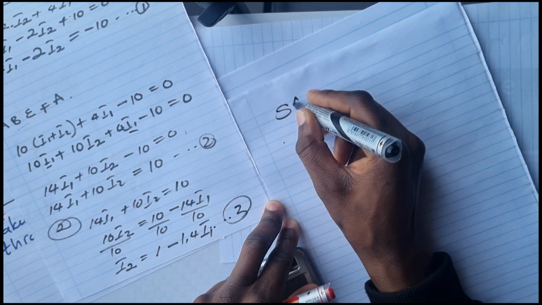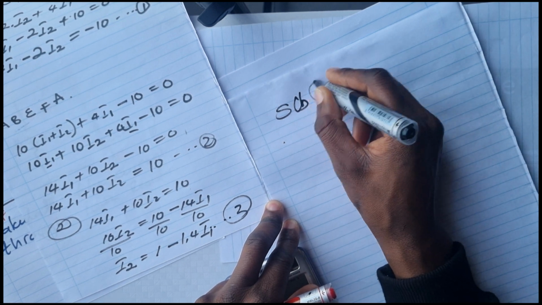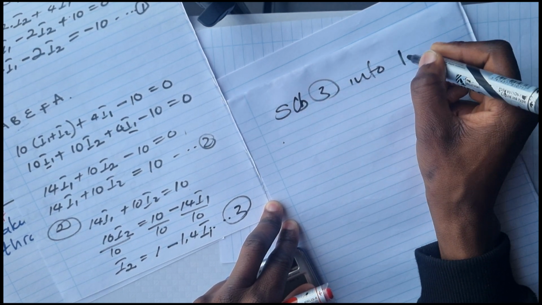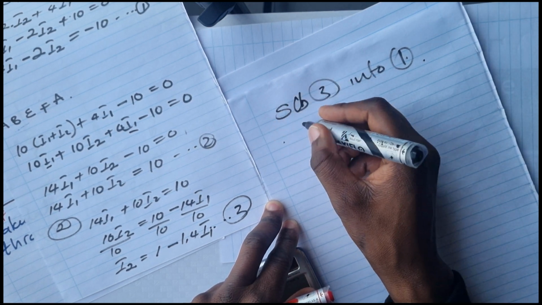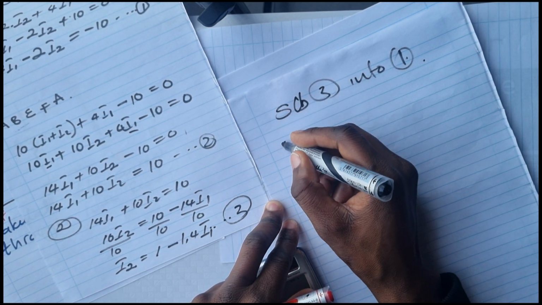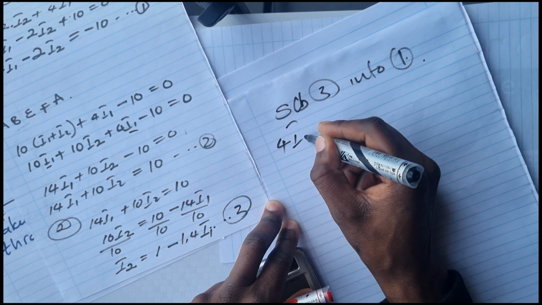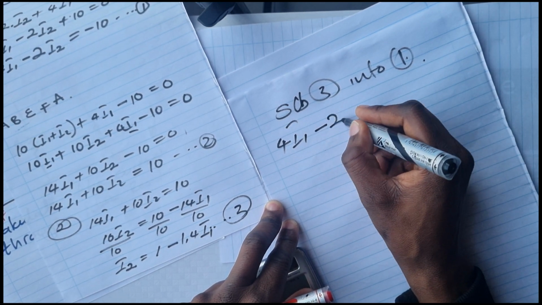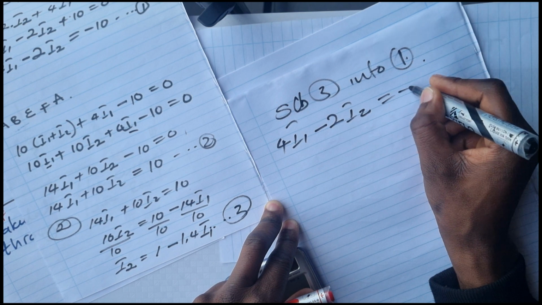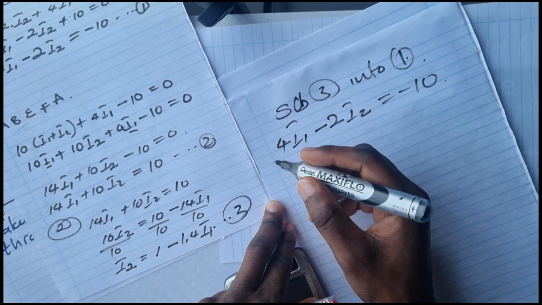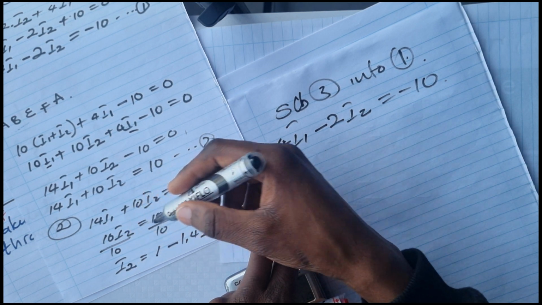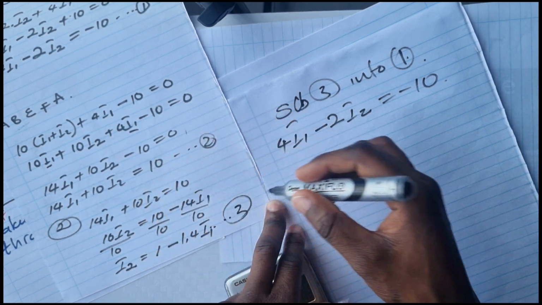So now we're going to substitute 3 into 1. So I'm going to write equation 1, since I1 doesn't appear here. Our equation 1 is 4I1 minus 2I2 is equal to minus 10. So now where we see I2, we are going to substitute with 1 minus 1.4 I1.